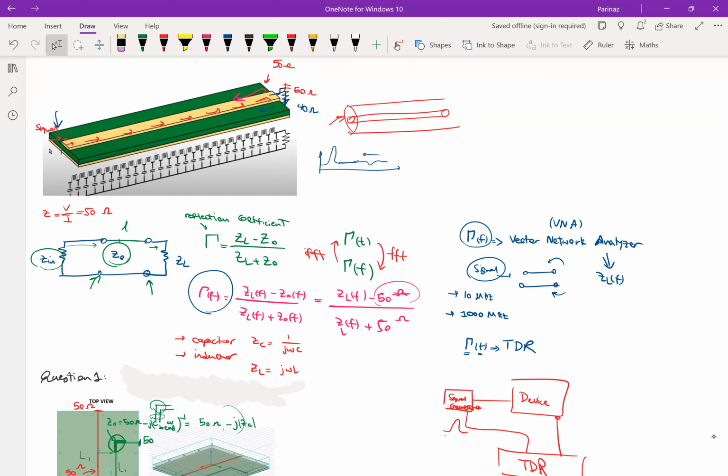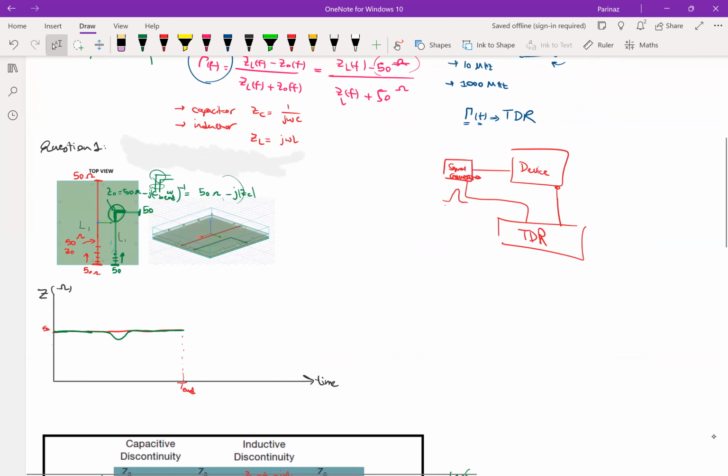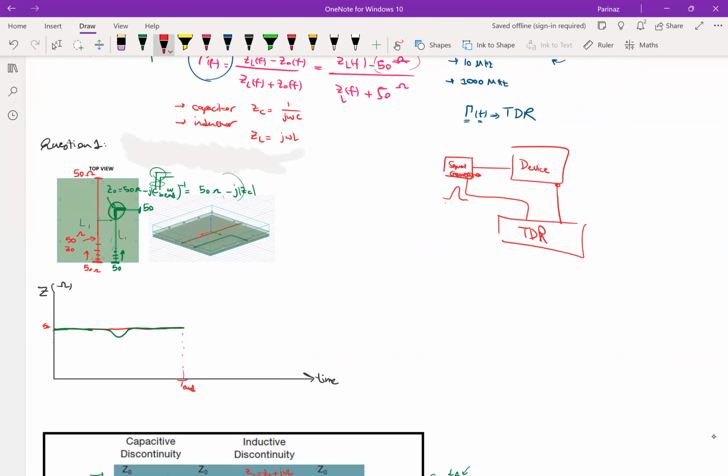So look at these loads, Google it, or try to do this exercise of putting different terminations on the transmission line and looking at how the reflected signal would go back, because that positive or negative basically tells you the nature of this discontinuity, and it's very important.